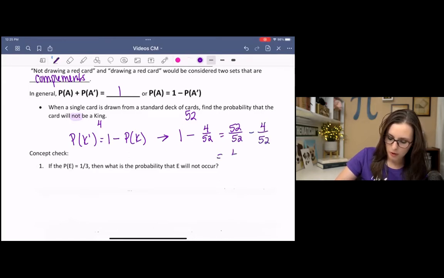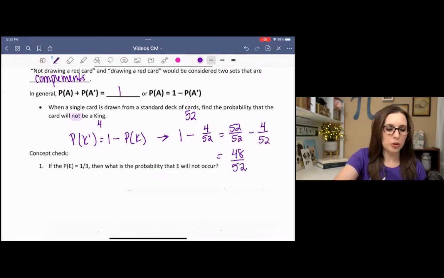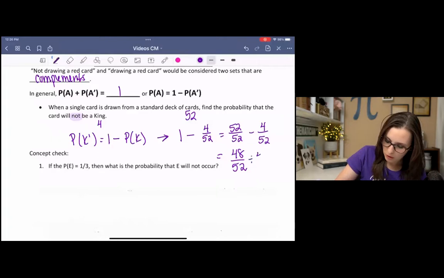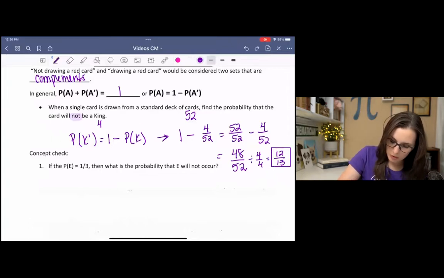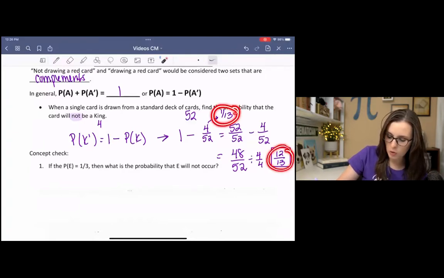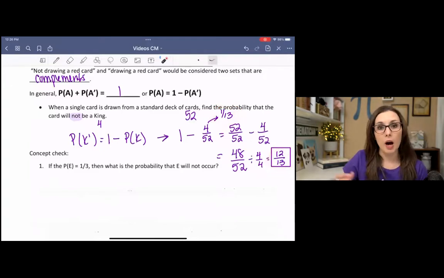We get 48 over 52, which will reduce by 4 to get 12 over 13. If we had reduced earlier, we would have gotten 1 over 13. So you can see that 1 over 13 and 12 over 13 add up to 13 over 13, which is 1. That's how we know we've done it correctly.